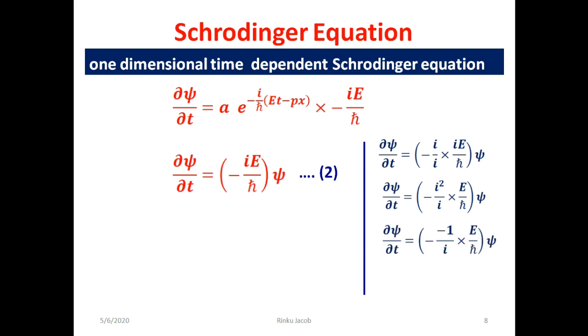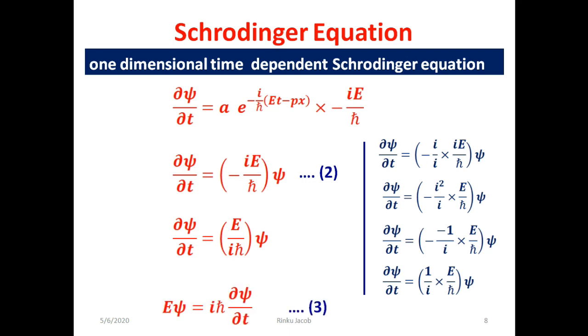So dou psi by dou t equal to minus of minus 1 by i into E by h cross into psi. Or dou psi by dou t equal to 1 divided by i into E by h cross into psi. That is dou psi by dou t equal to E by i h cross into psi. By taking i h cross onto the other side, we get E psi equal to i h cross into dou psi by dou t. That is equation 3.